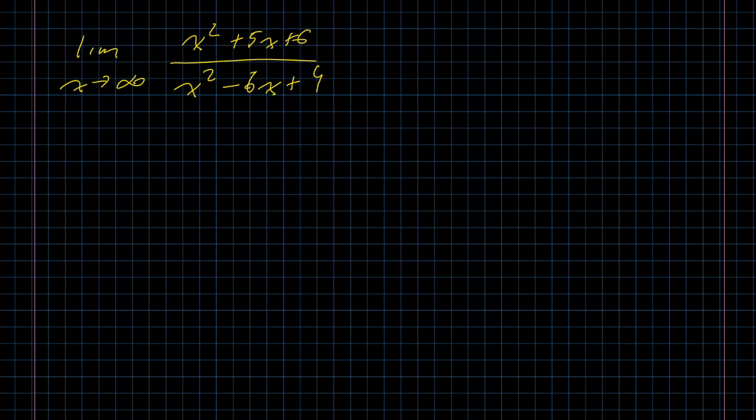So if we want the limit as x approaches infinity of x squared plus 5x plus 6 over x squared minus 6x plus 9, if we try directly evaluating this, I'm going to put an arrow instead of an equal sign because evaluating infinity is weird. We have infinity squared plus 5 times infinity plus 6 over infinity squared minus 6 times infinity plus 9.